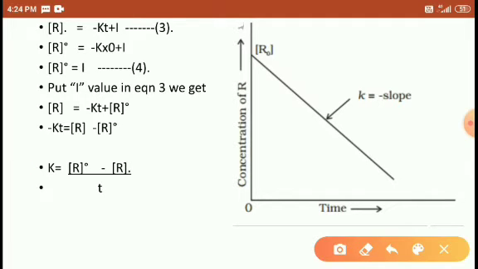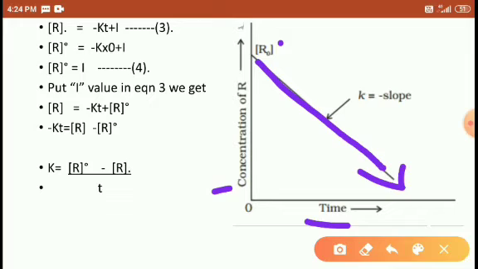When we plot the graph of concentration versus time, the concentration starts at R naught and the slope moves in the negative direction. The slope remains negative, which means there is no change in the rate of reaction here.